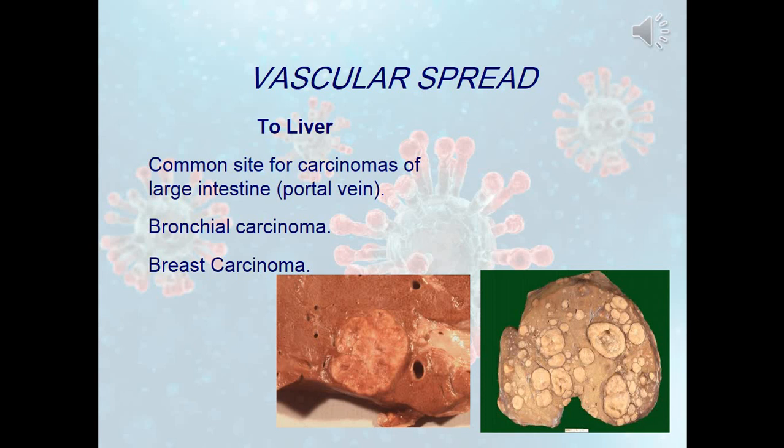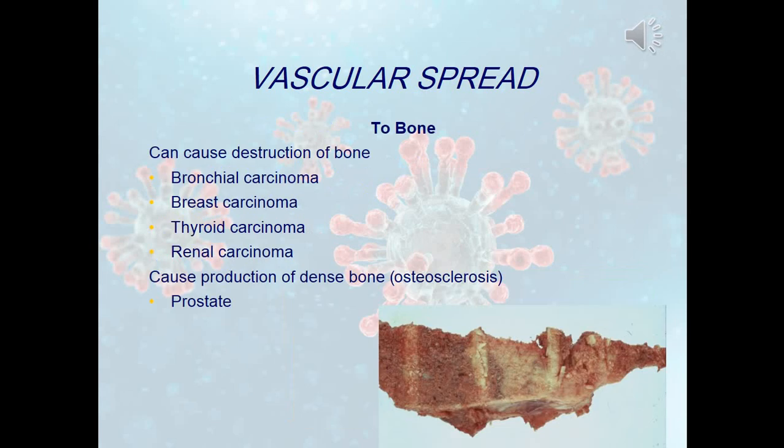Here you can see clearly the multiple metastatic foci. With a primary tumor in the liver, you will find a single focus, a single mass. In metastasis, you will find multiple foci, multiple masses.